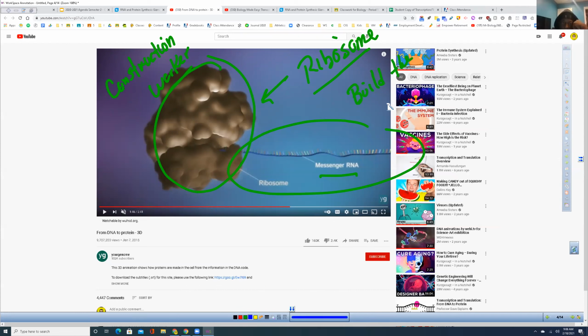Protein. The protein, that's right. So this guy right here, the construction worker, is going to build the protein by using this mRNA as the instructions. This guy right here are the instructions. It's a copy of the DNA instructions, right? And so that's what's going to happen.